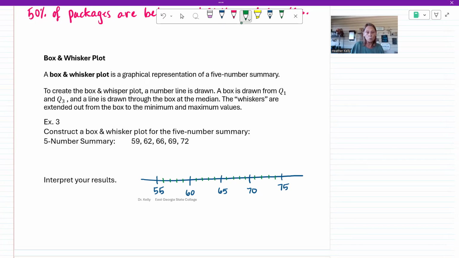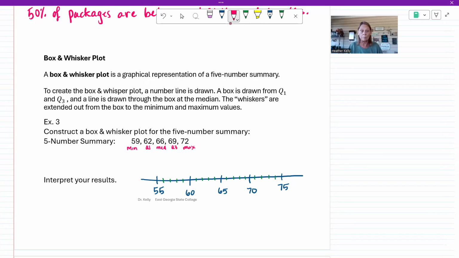Okay. So first we get the number line set up, right? A number line is drawn. We draw a box from Q1 to Q3, and this is the best way to do it. You go to your Q1, and let's remember this is min, this is Q1. This is the median. This is Q3. This is the max, right?